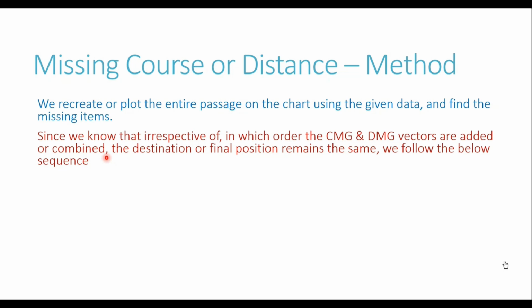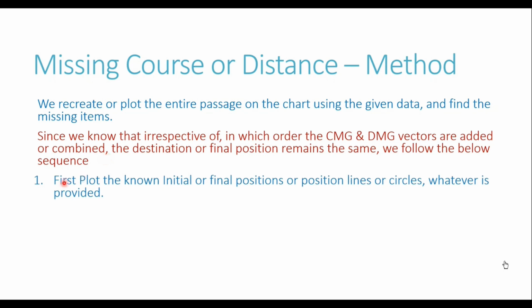So we follow the below sequence. In the first step, we plot the known initial or final position. We plot if there are any position lines or position circles given to us, whatever is provided in the question.